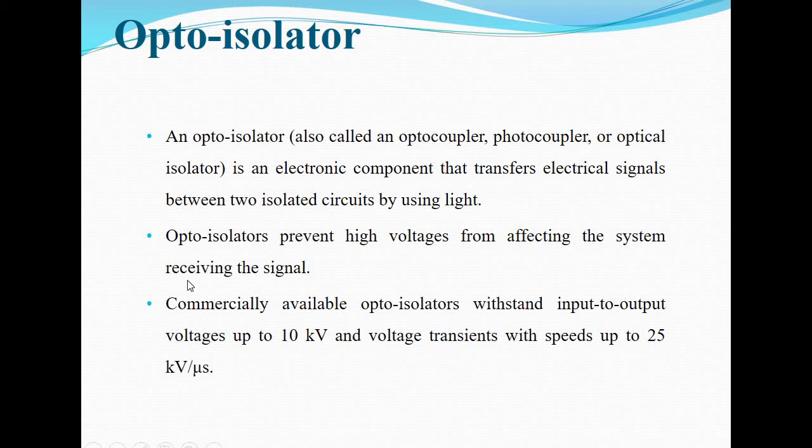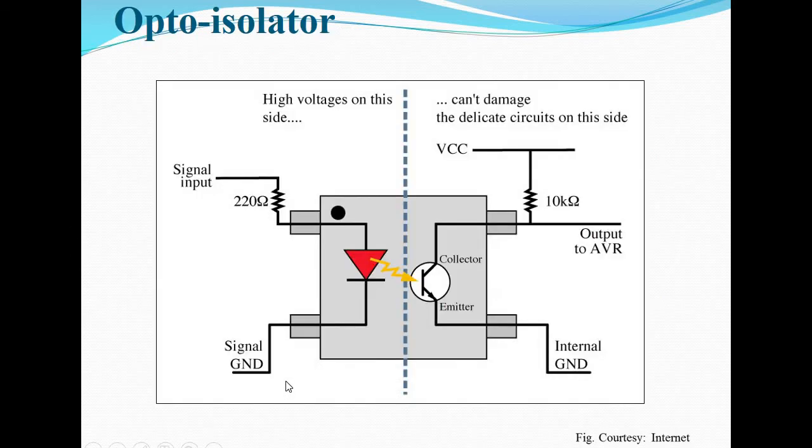So let us see how it works actually. You can see in the figure there are two circuits here, this is one circuit and this is another circuit. This circuit has a diode, this circuit has a transistor.